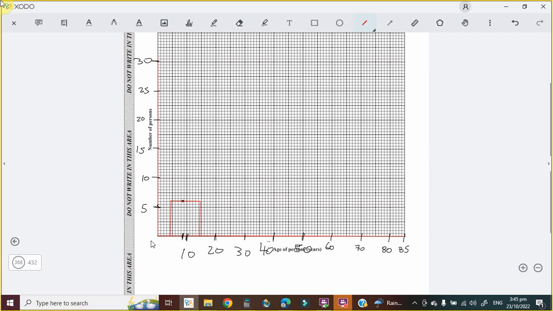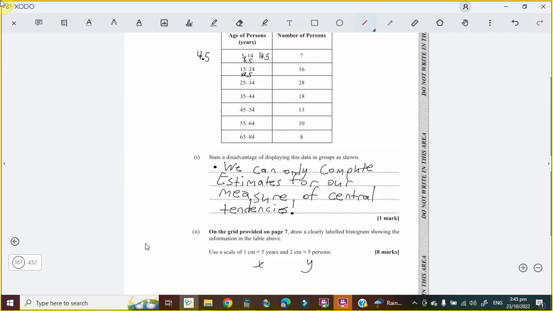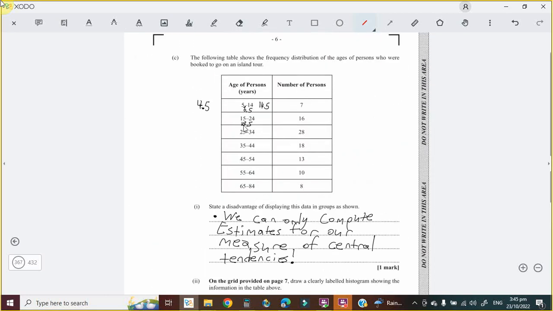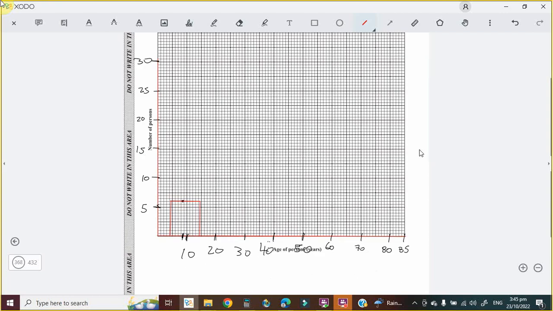That's it. Now the next one, going around, the next one is supposed to be midpoint 18.5, 16. So remember, you're not going to start at 15, you start at 14.5 because it needs to be a continuous bar chart. So start from 14.5 to 24.5.